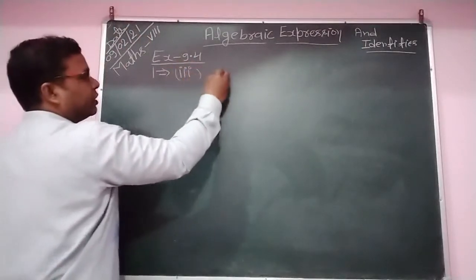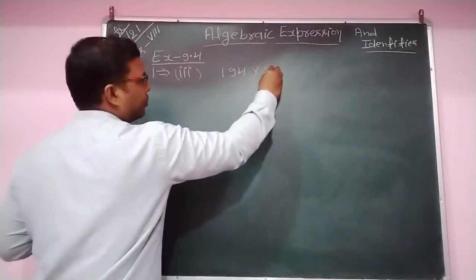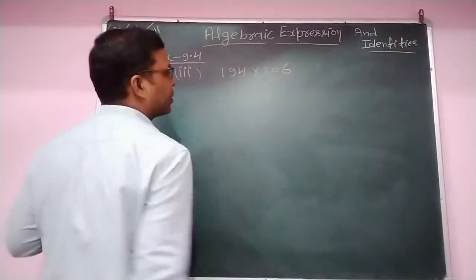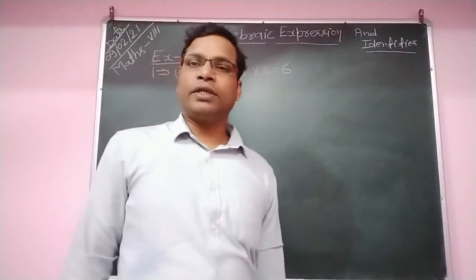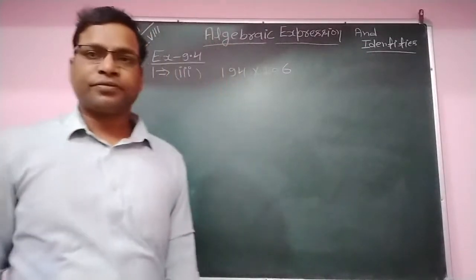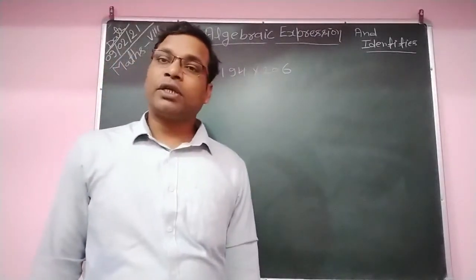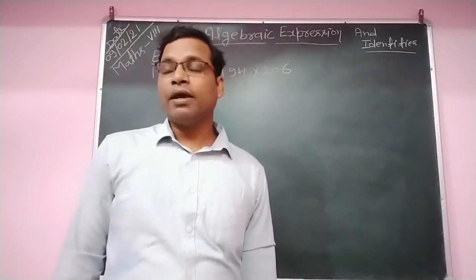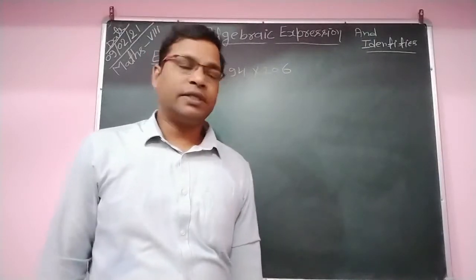Okay. Now 194 into 206. Clear? 194 into 206, this is the question. We need to evaluate it, or you can say simplify it, by using the suitable identities. This is clear.